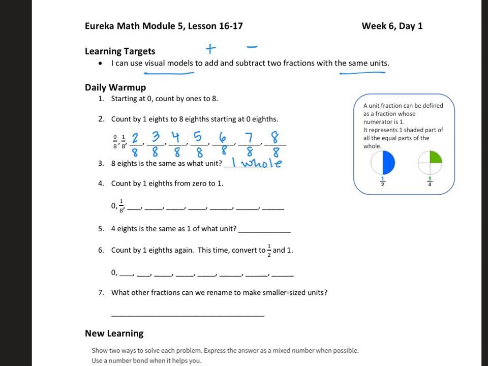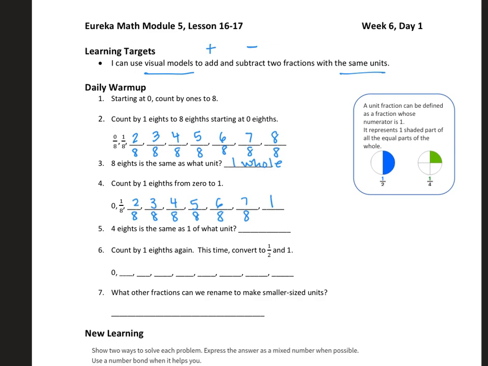Okay, so now we're going to count by 1/8 from 0 to 1 again. So we're going to fill these in: 1/8, 2/8, 3/8. And notice that this time I put 1 at the end instead of 8/8. I replaced that as 1 whole.